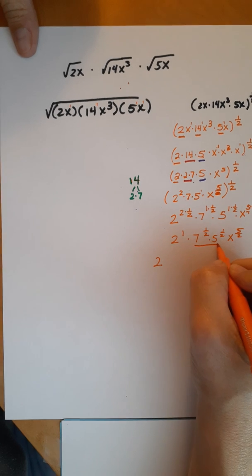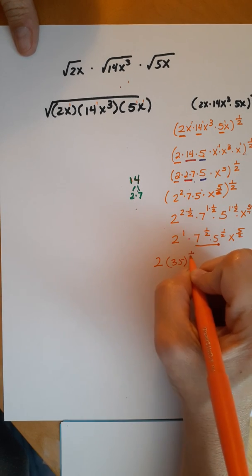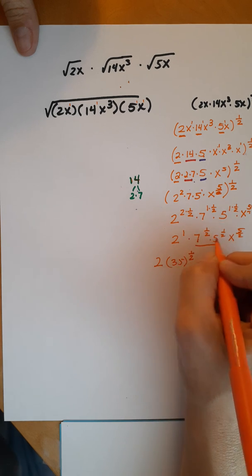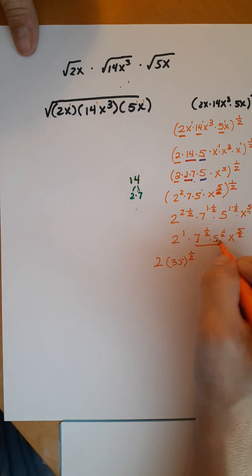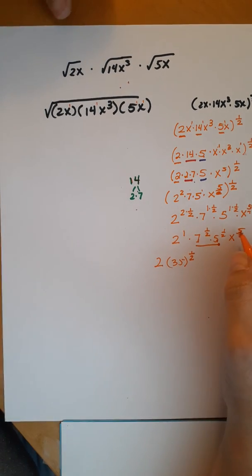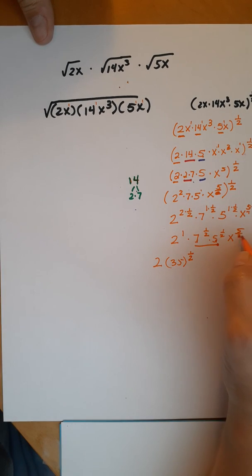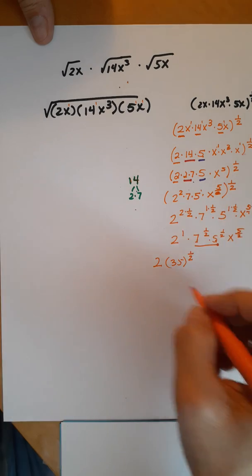Now these two are still to the 1/2. We can call that 35 to the 1/2 because, although they have different bases, they're in the same power, so we can multiply those two together. Then x to the 5 over 2. How many groups of 2 do I have when I have x to the 5th power?